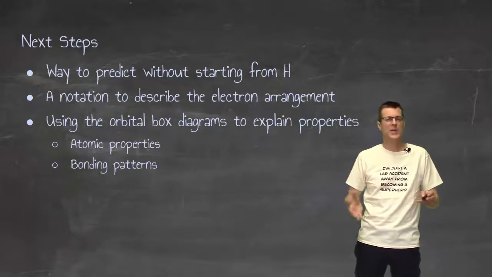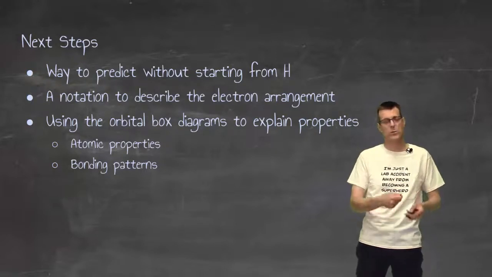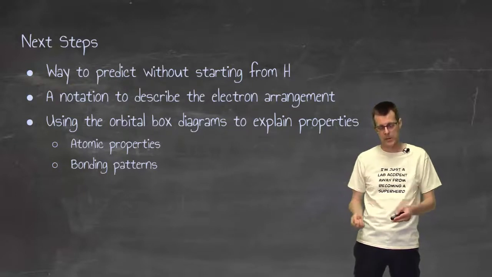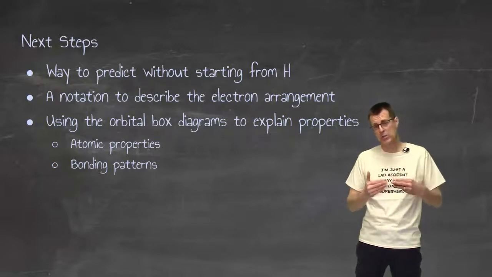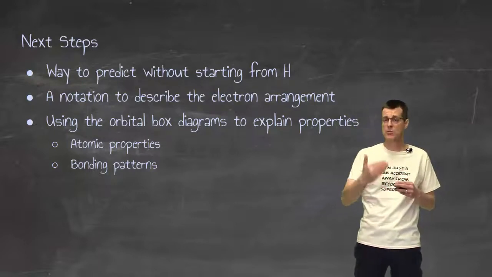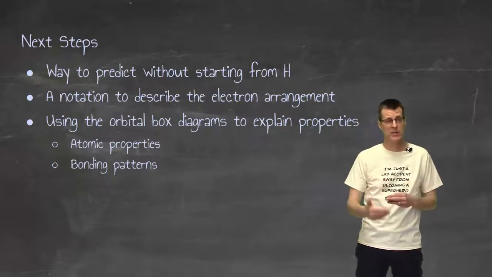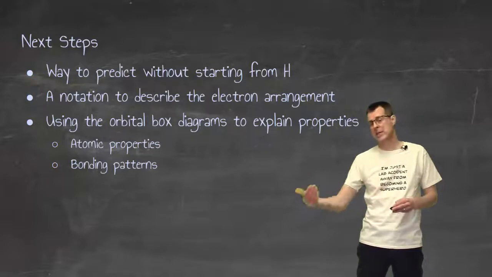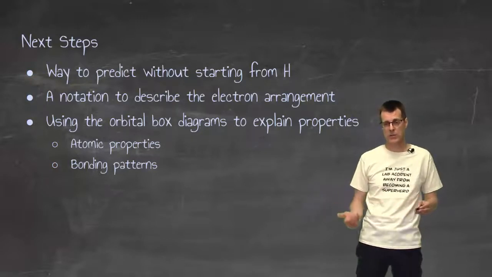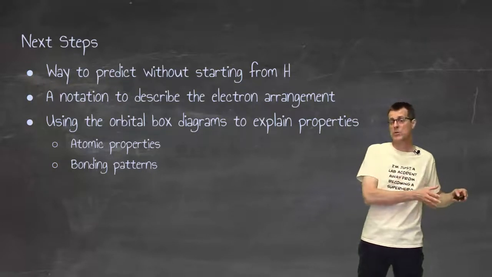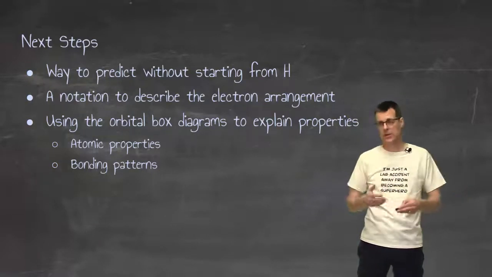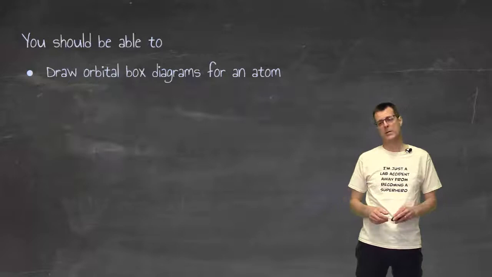We also want to have some notation for it so that we're not always drawing orbital box diagrams. And then we want to be able to use those orbital box diagrams to describe or explain properties. Why does it bond that way? Why does it have these other properties going on with it? So those are the kinds of things that we want to be able to do. It's what we were doing with Bohr diagrams from back in the day.